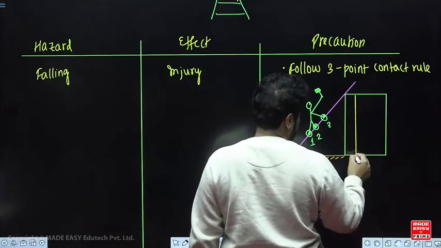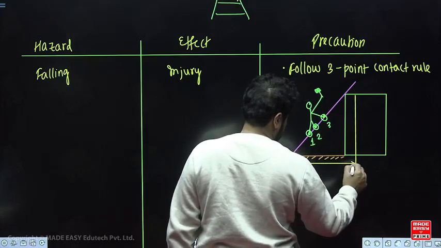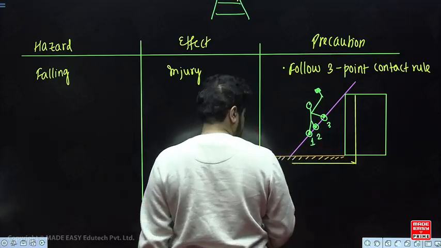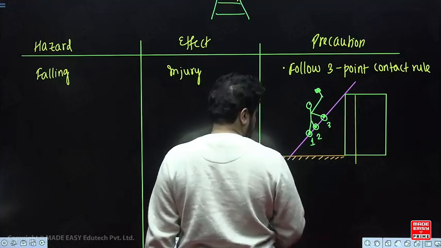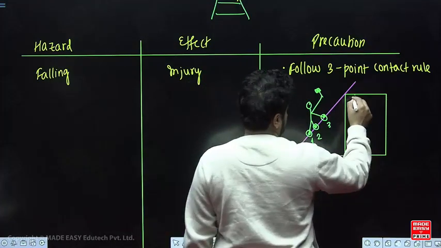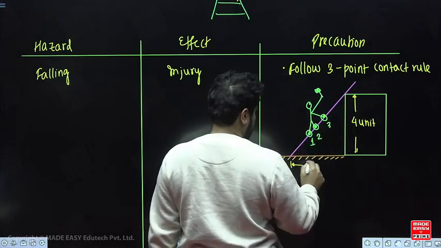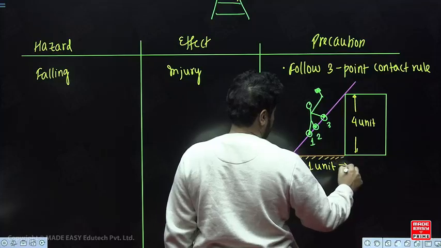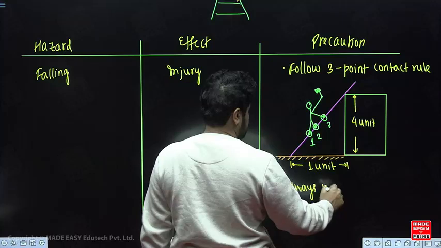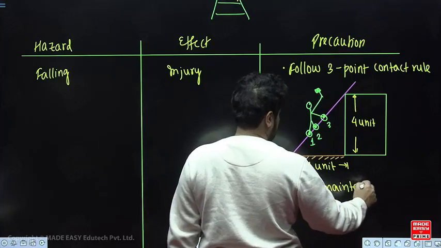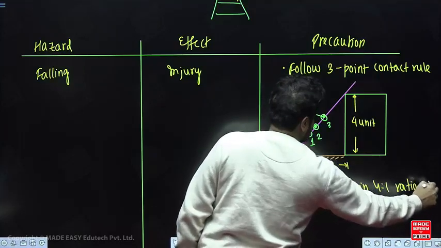And always maintain 4:1. If this is 4 units, then this must be 1 unit, correct? Second, always maintain the 4:1 ratio rule, correct?